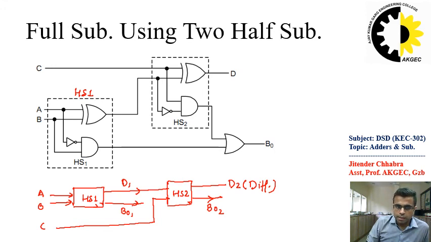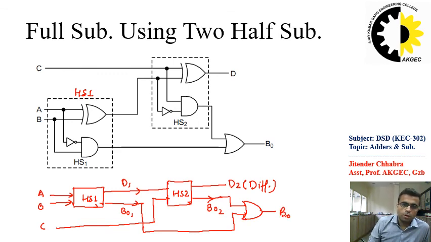So just like in the full adder, these 2 borrows will now be added logically using an OR gate. In whichever stage a borrow is generated, it will be considered for the final borrow. So this becomes my final borrow B naught. This is the internal structure of half subtractor 1, and this is the internal structure of half subtractor 2.